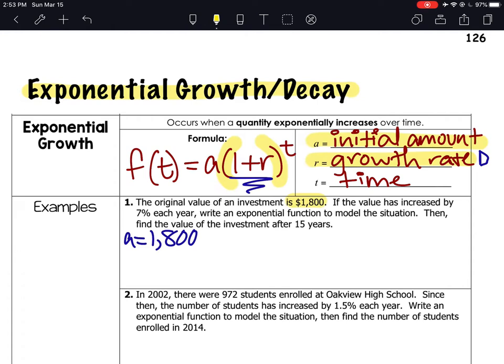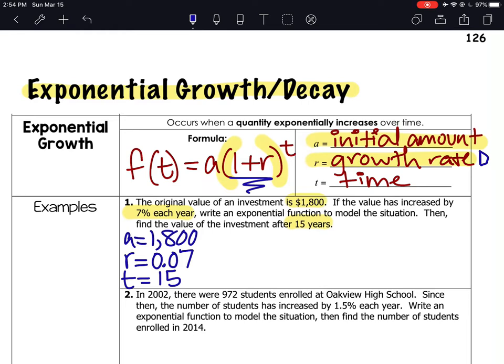If the value has increased by 7% each year, that means your R is 7% as a decimal, which is 0.07. Write an exponential model, an exponential function to model the situation. Then find the value after 15 years. So t will be 15 years.